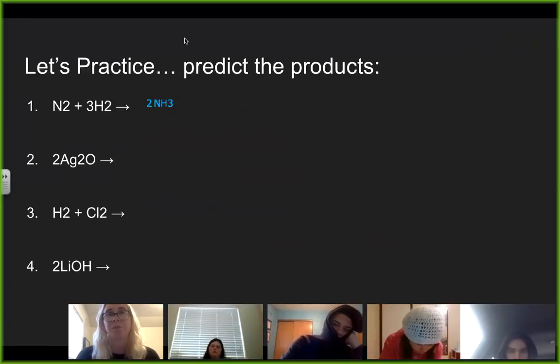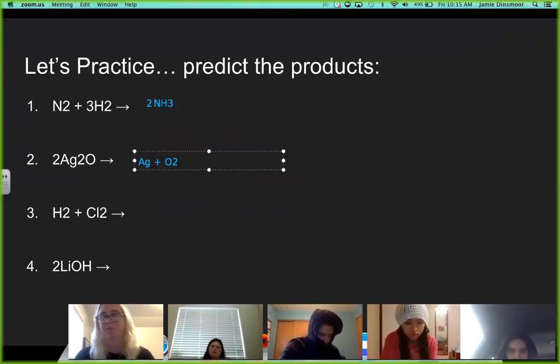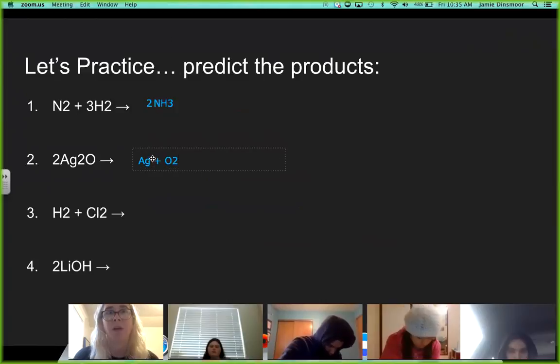So if that's true, then we're going to end up getting silver plus oxygen, right? And oxygen, of course, always is going to bind with itself to fill those valence requirements. It will double bond there. And then if we want to do our full work here, we have to balance our equation.